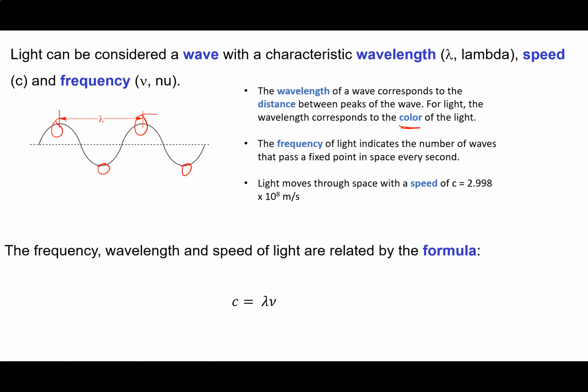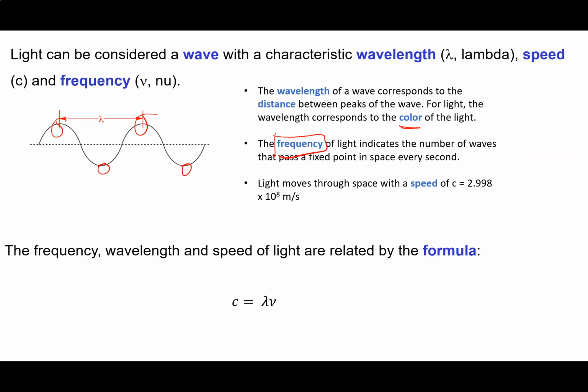The other thing that characterizes a wave is its frequency, which indicates the number of waves that pass a fixed point every second. Think of standing on a pier or a jetty and counting water waves that pass you every second. That would be the frequency of the water waves.